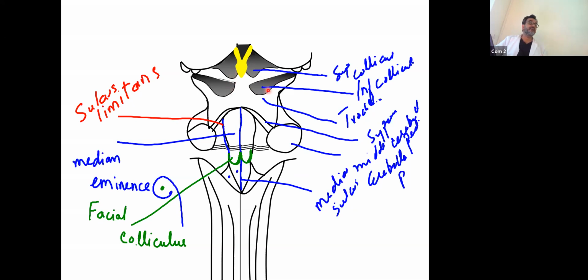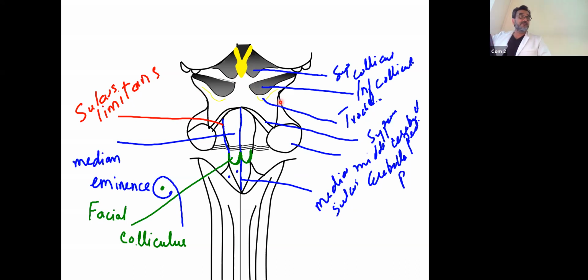And this is the inferior colliculus, which is the center for auditory reflexes. And below the inferior colliculus, you would see a nerve coming out from the posterior aspect of the midbrain, which is called the trochlear nerve, the fourth cranial nerve, which supplies one muscle, the superior oblique muscle.